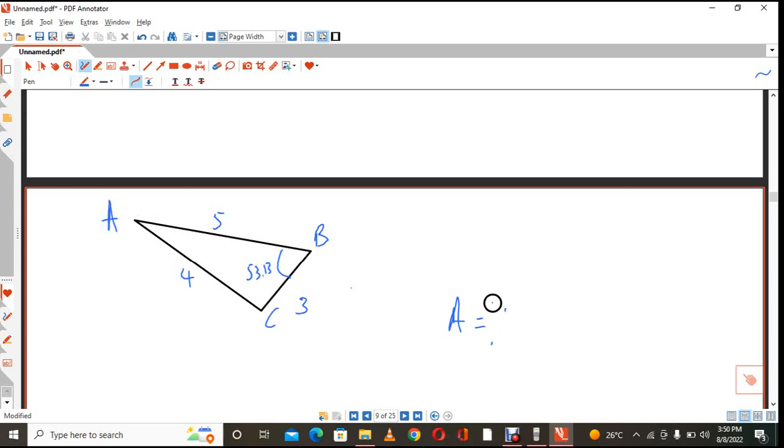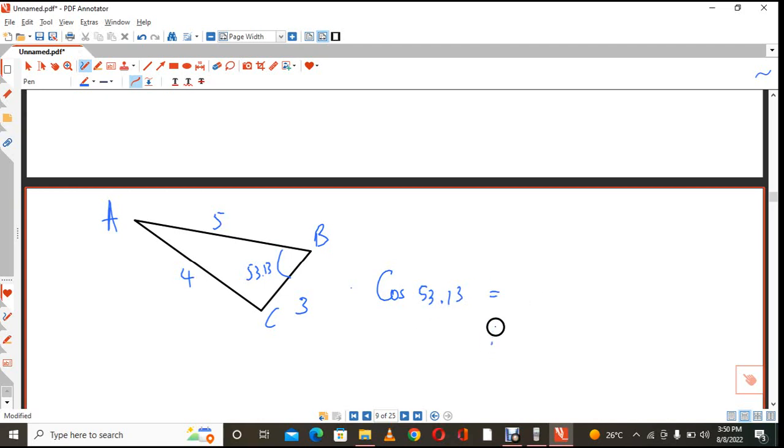In order to calculate what that angle would be, you're going to say that angle is going to be the cos of 53.13 equals 4 over 5.